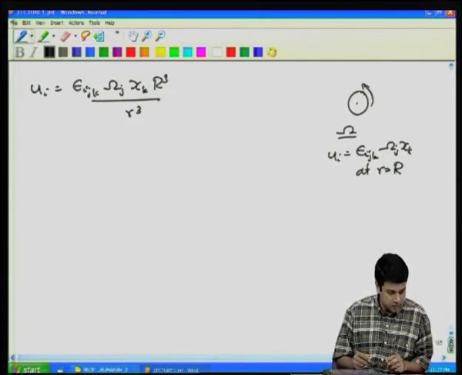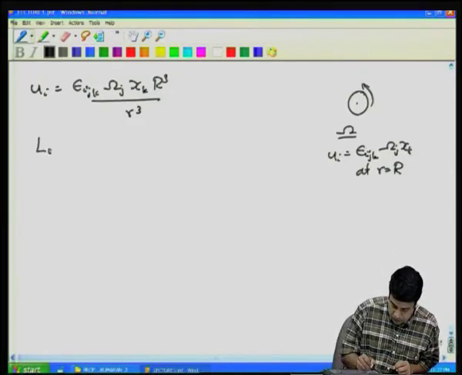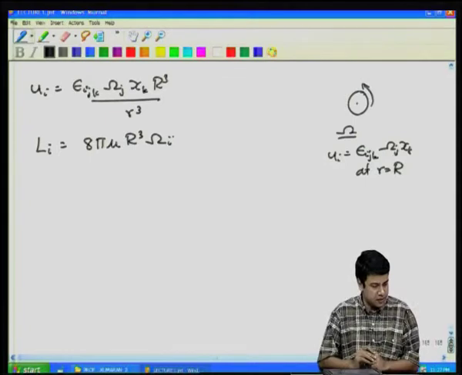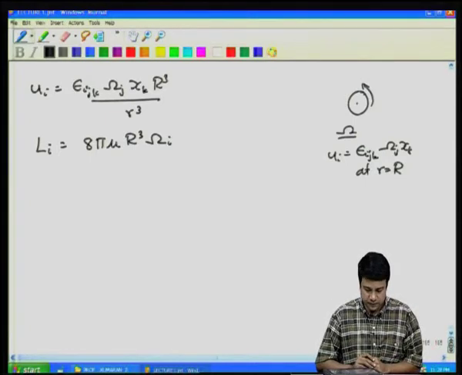And the torque was equal to 8 pi mu R cubed omega_i. So, that was the torque that I obtained.